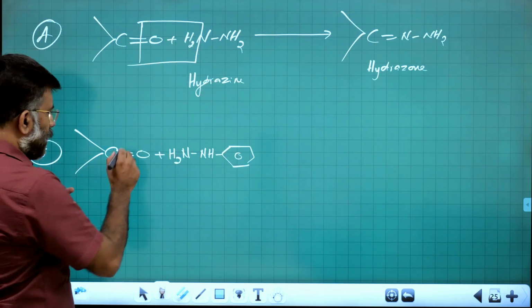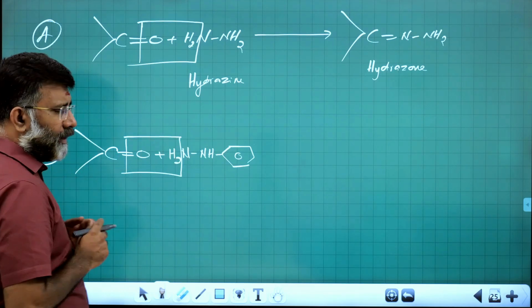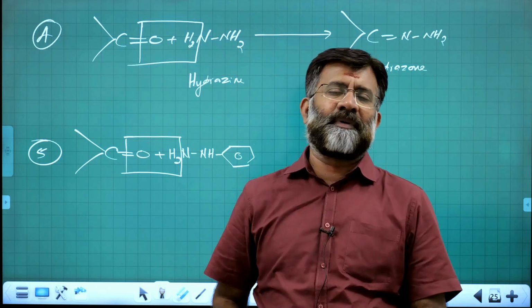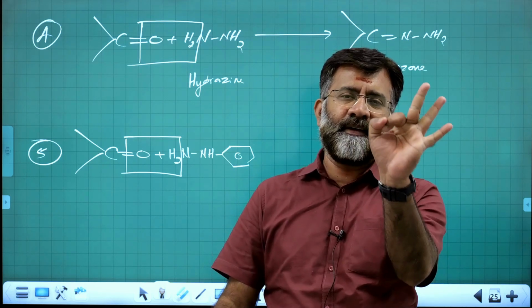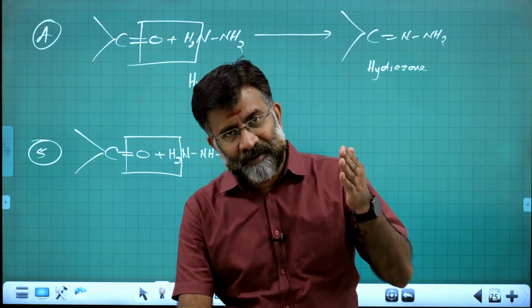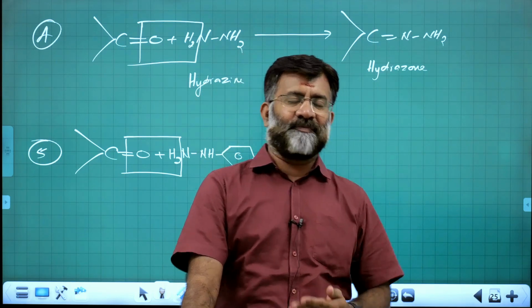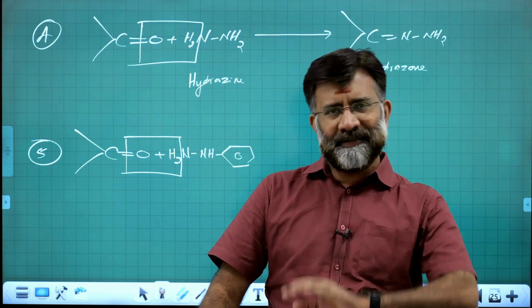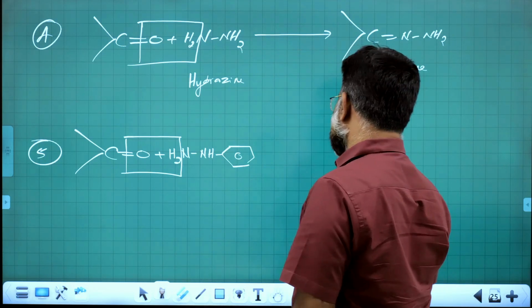It's very simple that all reactions are mere repetition. Only difference is in the Z part. And accordingly, what is the name of the reagent, what is the name of the class of product, and how the class of product is coming. Reaction is identical.